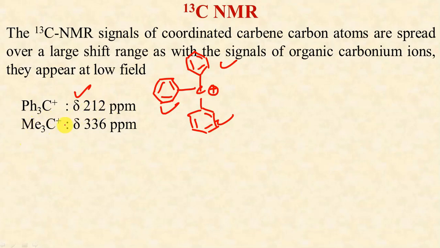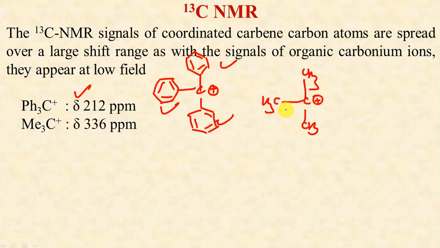But in the case of the trimethyl carbocation, this shift is higher because the methyl substituents have an electron repelling, plus I effect. This increases the electron density on the carbon atom and lowers the charge.